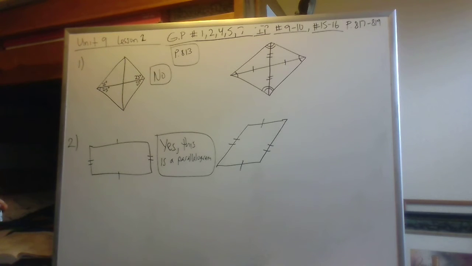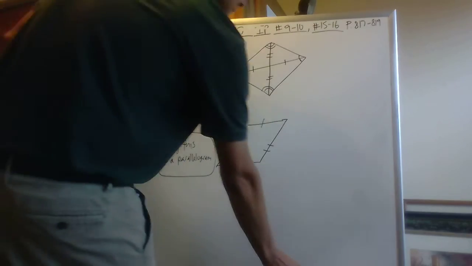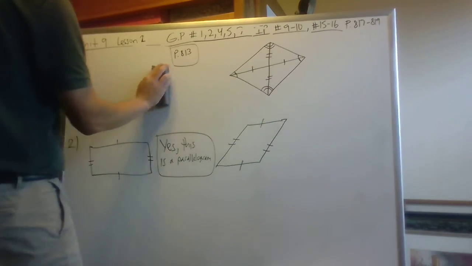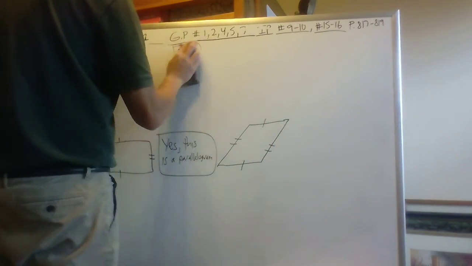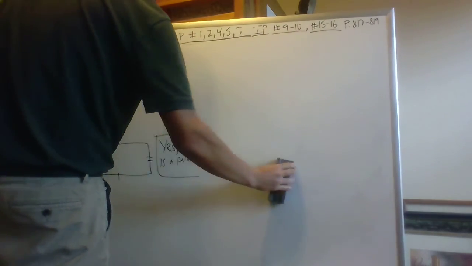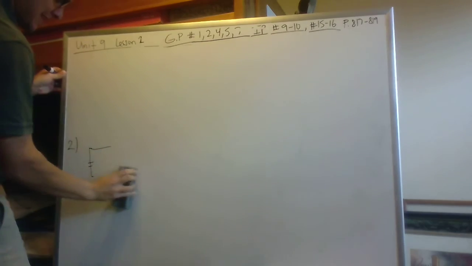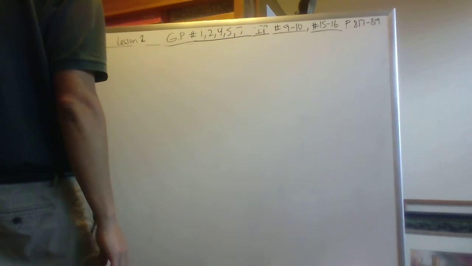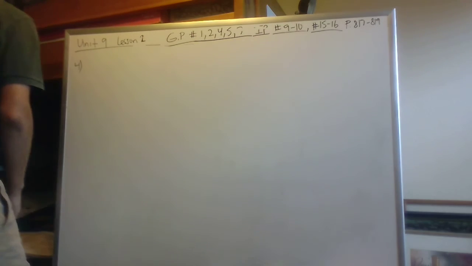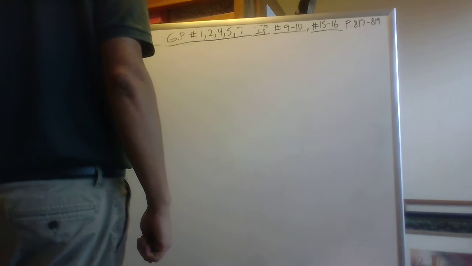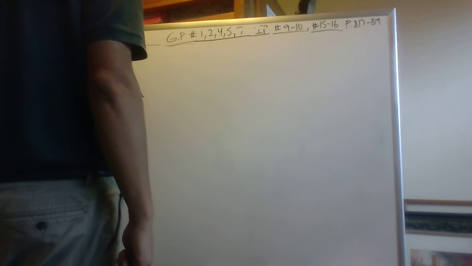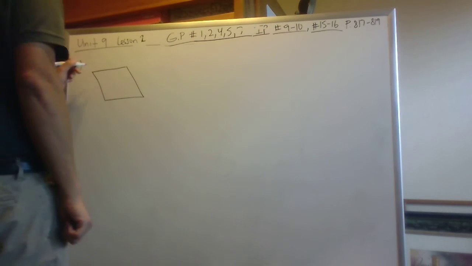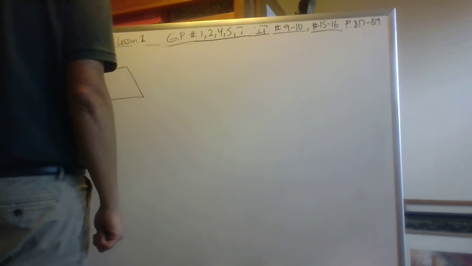So let's look at number 4. Number 4 is very similar to some of the problems that we looked at from lesson 1. Number 4 has a parallelogram with 2 different variables.